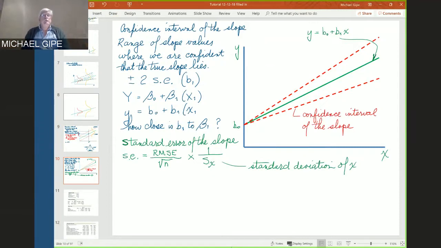We can do the same thing for the intercept. It's a little bit more complicated calculation. You can probably look it up in the book. We're often not so much worried about the intercept, because we can't really do a good hypothesis test on that, because we don't have a good null.